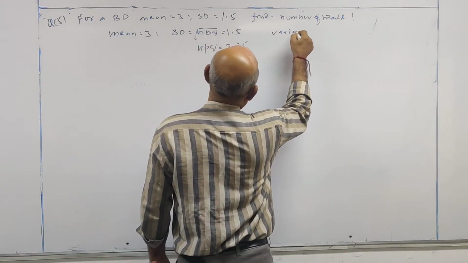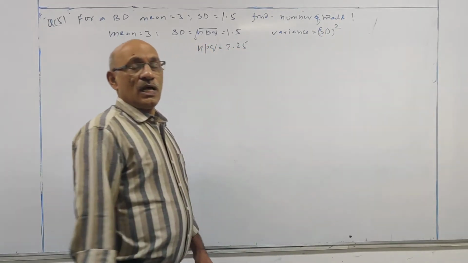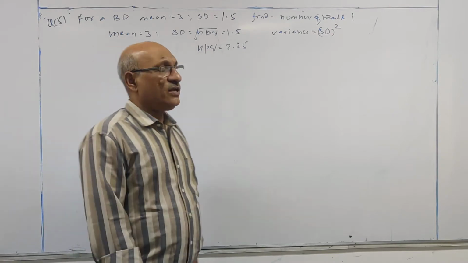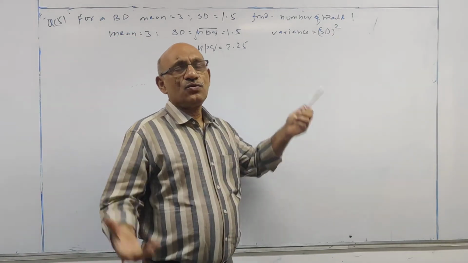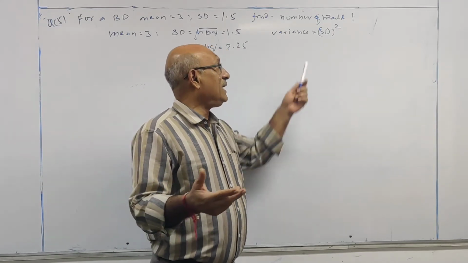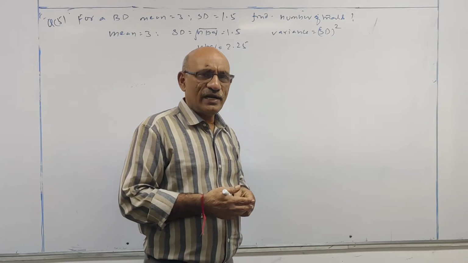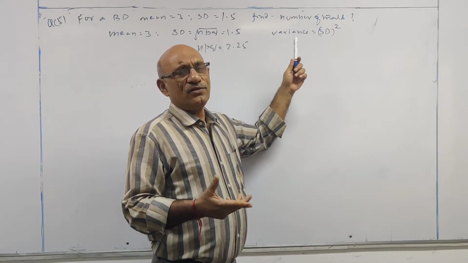Variance is equal to standard deviation whole square. You may get confusion. What is variance? What is standard deviation? Don't worry. Next one, I'll take up measures of central tendency, statistics. In that chapter, I'll tell you what is variance.